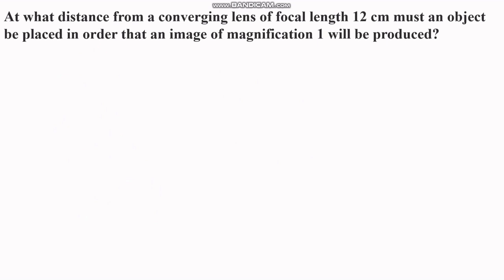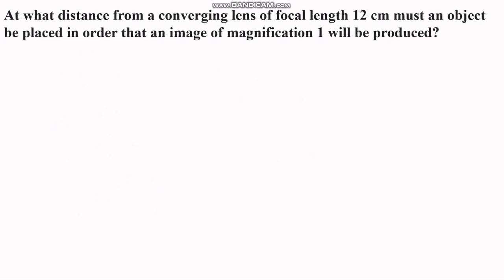Now let's proceed to the next question. The next question says, at what distance from a converging lens of focal length 12 centimeter must an object be placed in order that an image of magnification 1 will be produced? Before we proceed, I hope you know that if you want magnification 1, then the size of the image and the size of the object should be same.